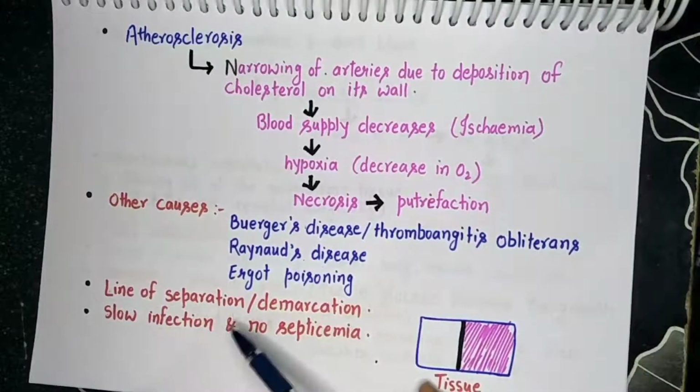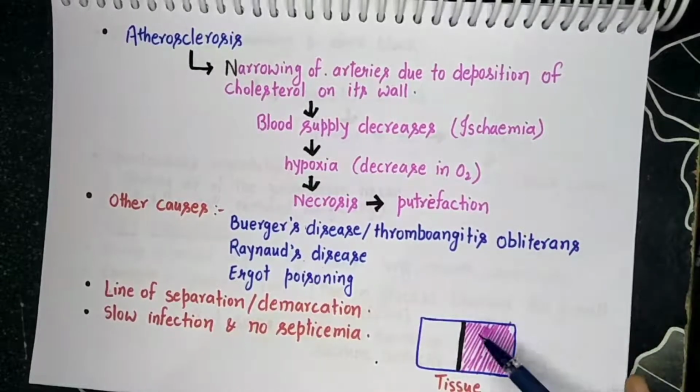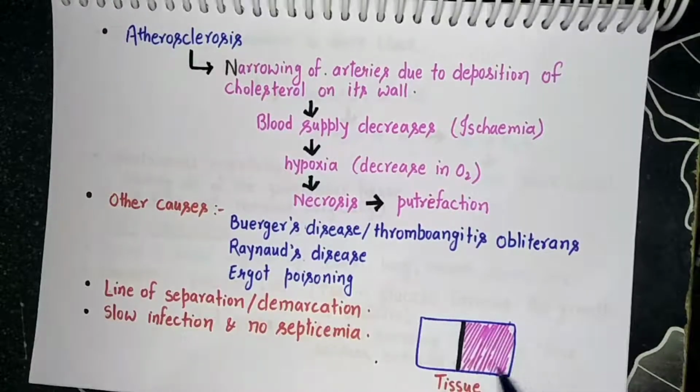Now, line of separation or demarcation. A clear line of separation or demarcation can be seen in case of dry gangrene. You can see here, let's take a section of a tissue. Here is a clear line of demarcation between necrosed tissue and the normal tissue.